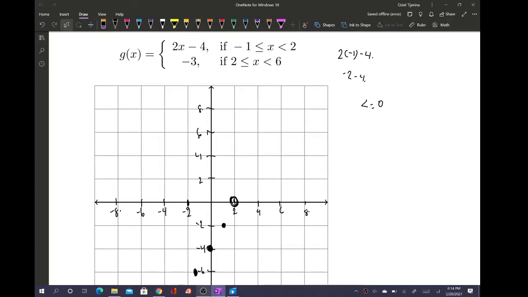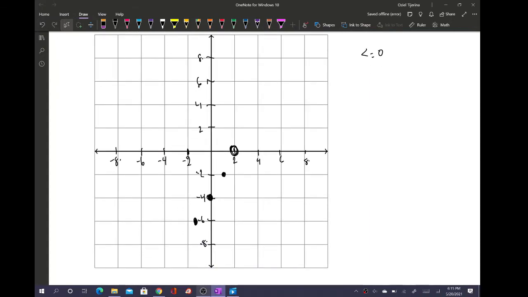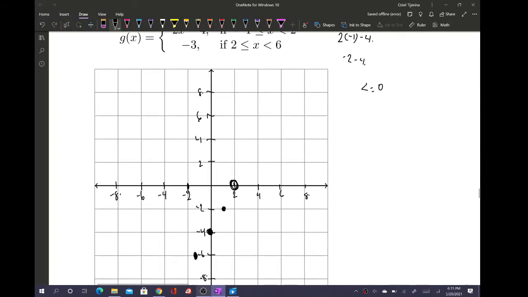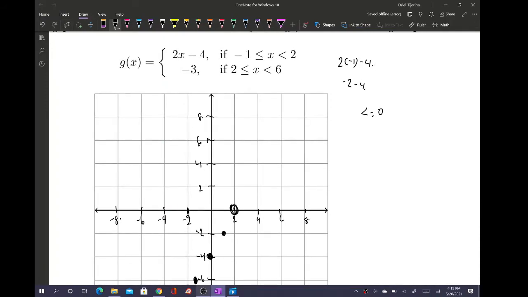And then it says that it's then equal to -3 for 2 less than or equal to x less than 6. So basically, when x equals 2, y equals -3.